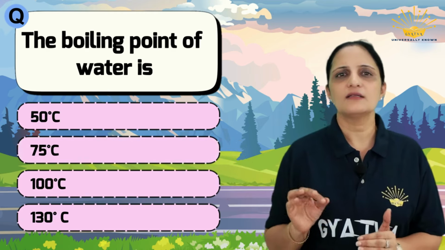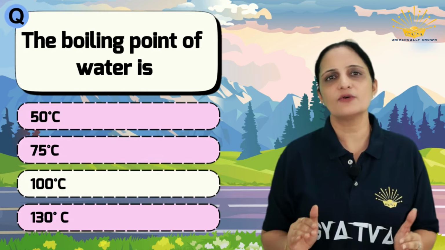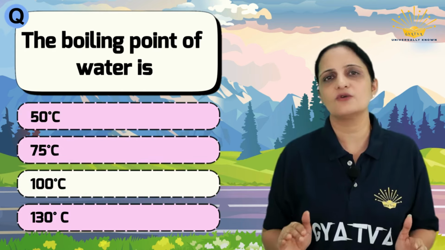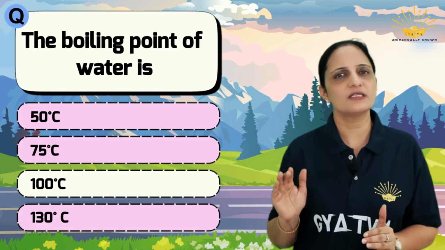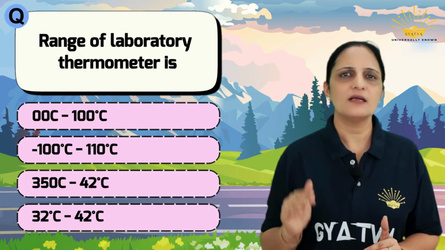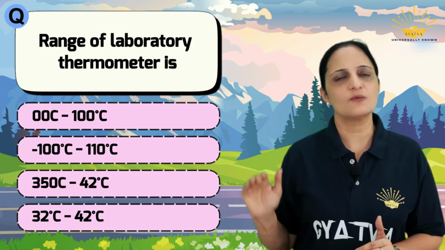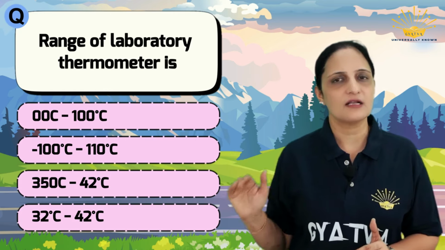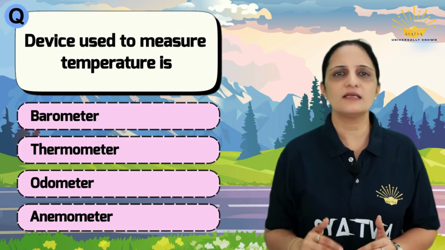Question number 17. The boiling point of water is 100 degrees Celsius. See, for a few questions you need not be given the MCQs also. You should be knowing about them. So the boiling point of water is 100 degrees Celsius. That is option C. Question number 18. Range of laboratory thermometer is minus 10 degrees Celsius to 110 degrees Celsius. So the correct option is option B. Question number 19.